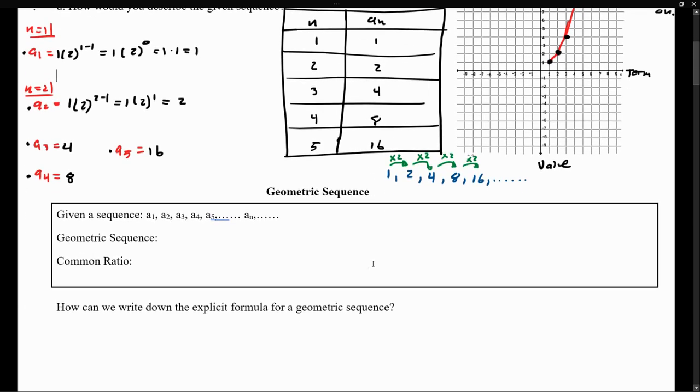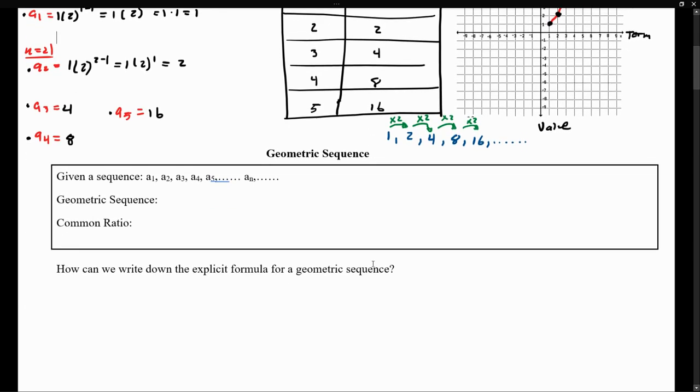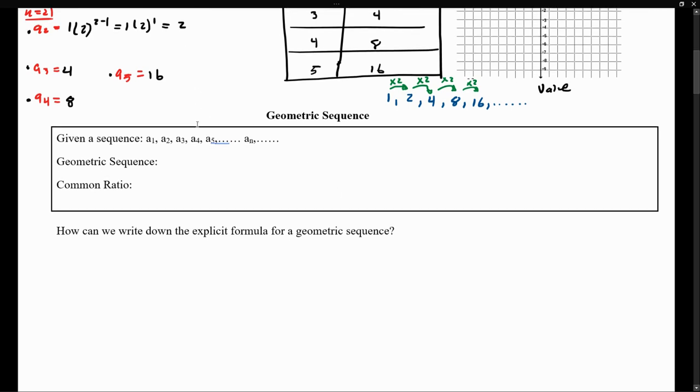But now let's actually define the geometric sequence properly. So here we're just going to talk about a regular sequence. We have first, second, third, fourth, fifth terms, and then just infinite sequences. So how are we going to define a geometric sequence?